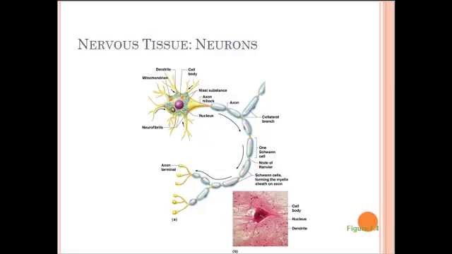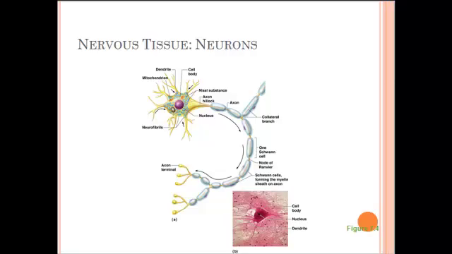Now let's look at the neuron just for a minute here. A neuron is an interesting looking cell. These can be the longest or are the longest cells in our body, or they can be really, really short. The longest nerve that we have goes from the end of our spinal cord clear down to our big toe. So you see it's a very long cell because it has these projections called axons that the electrical impulse is able to move down.